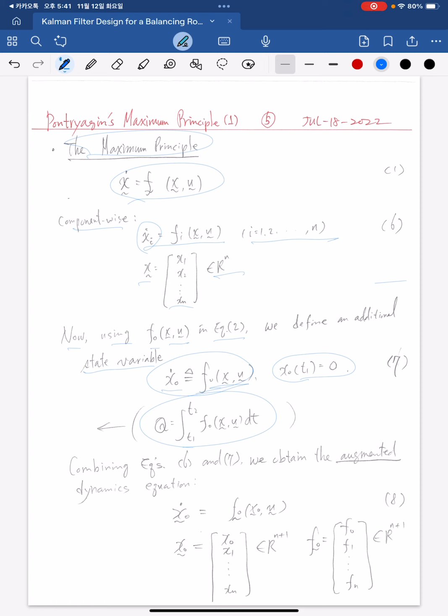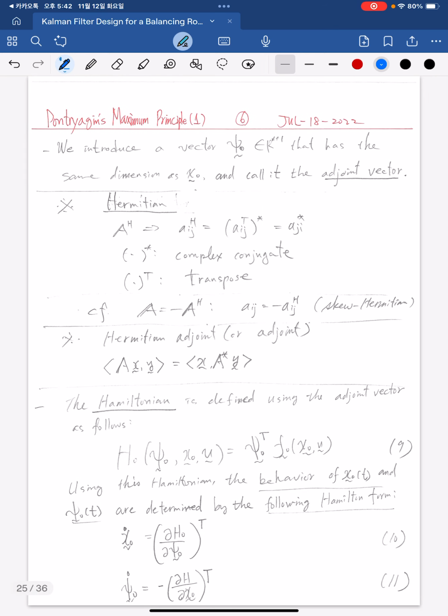Combine equations 6 and 7, we obtain augmented dynamics x dot 0 equals f0 x u, x0는 x0 포함해서 x1 ... xn이고 근데 n 플러스 1 벡터고, f는 f0, f1, ..., fn인데 n 플러스 1이고.